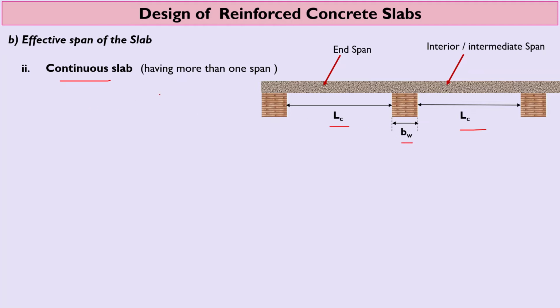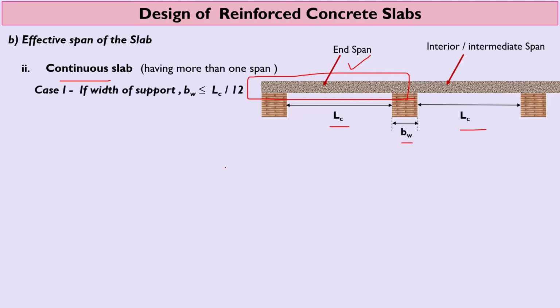So for this type of slab which we are going to design, first of all, since this slab is ending at this support, we will term it as end span. So that means this particular span is the end span. If I take that this is the end span, the other spans will be the interior or intermediate spans, depending upon how many spans are there.